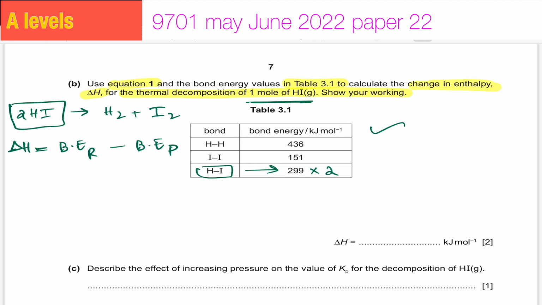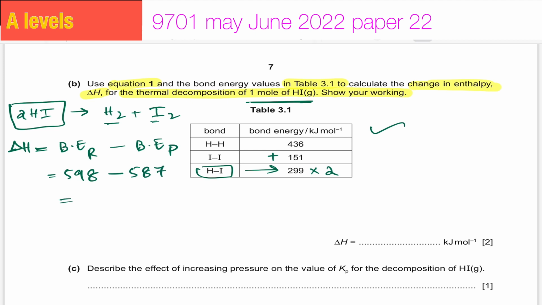If we multiply it by 2, 299 multiplied by 2 is 598. So the bond energy of reactants is 598 minus the bond energy of products. So products are hydrogen and iodine. So 436 plus 151, that is equal to 587.